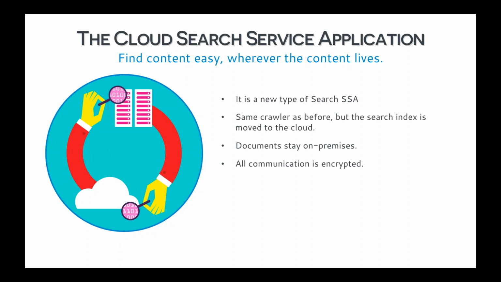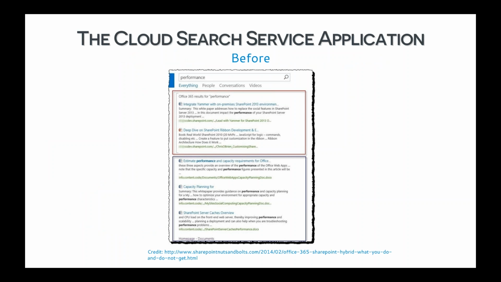Let me show you the difference from what we had before in hybrid search. We had to use result blocks because it was a federated search, so we couldn't have the best results whether they're online or on-prem. We had to show results for Office 365 in one box and results for on-prem in another box. We couldn't show them all on the same page and show the best result from wherever it is.